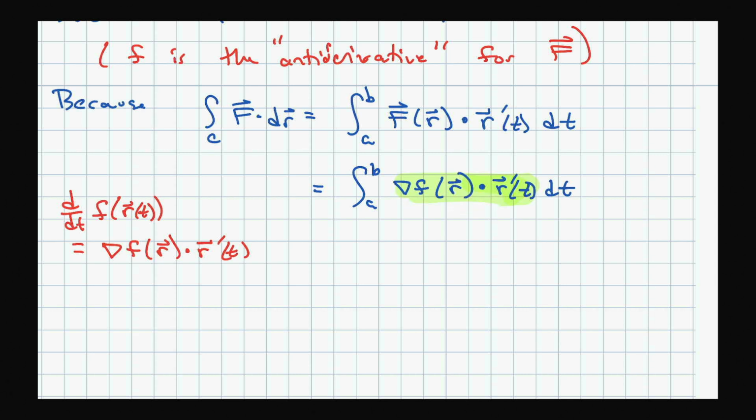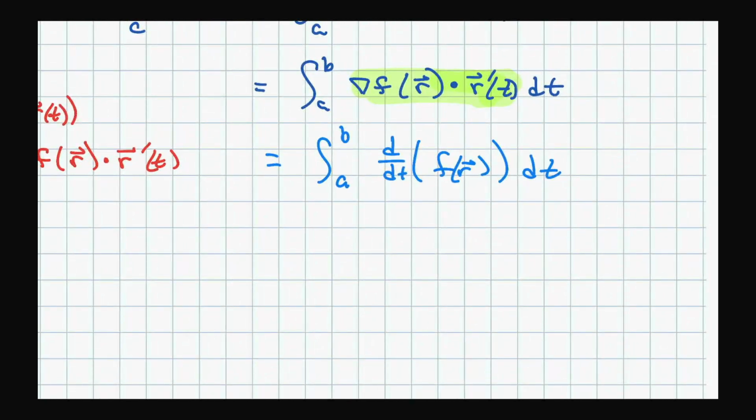So this is telling you that you have the integral from a to b of the derivative of f of r dt. But then this is just the integral of a derivative.